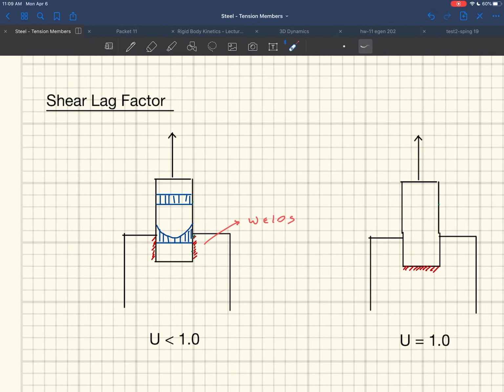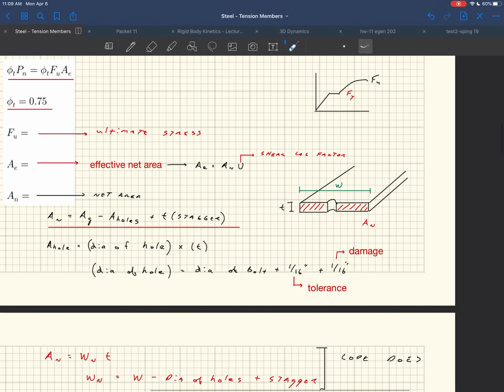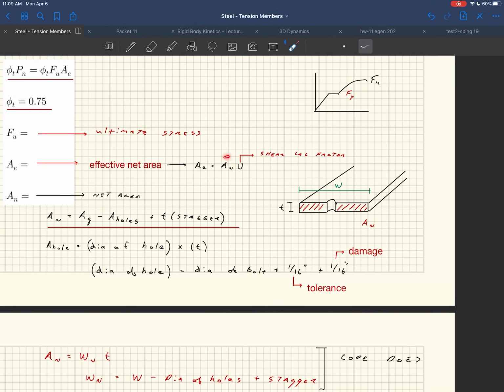But to account for the fact that I have an eccentric connection, where I'm only attached to the sides, I get penalized a little bit, right? My U ends up being less than 1. If you look back up at that equation, that U right here is less than 1, and so it reduces my net area.